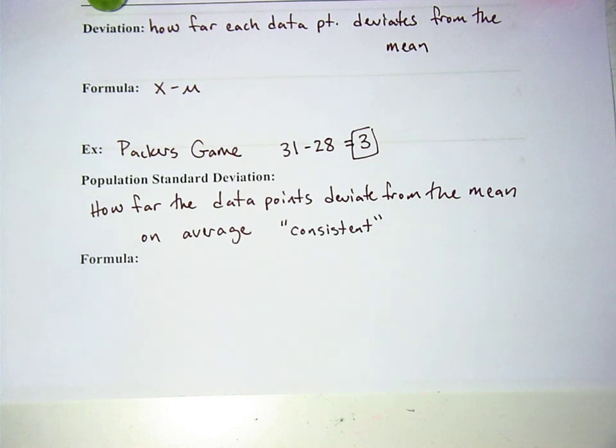Okay, we're always 28. How consistent are we? Really consistent, right? We're right across the board. Okay, the deviation would be 0 there, because we never deviate. We're never off the average. We're always right on 0. That makes sense to you guys?